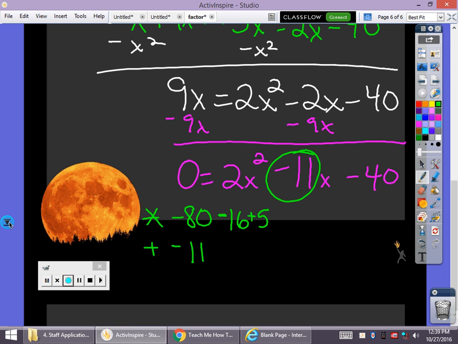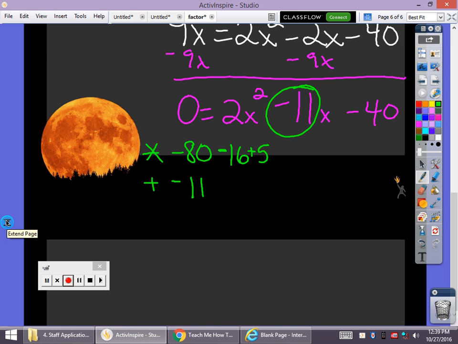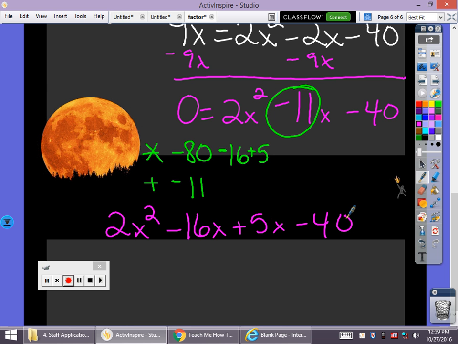Okay? So now I'm going to rewrite my problem as 2x squared minus 16x plus 5x minus 40. I'm going to group it. Here's a group. Here's a group. Okay, and now I'm going to look for my GCFs.